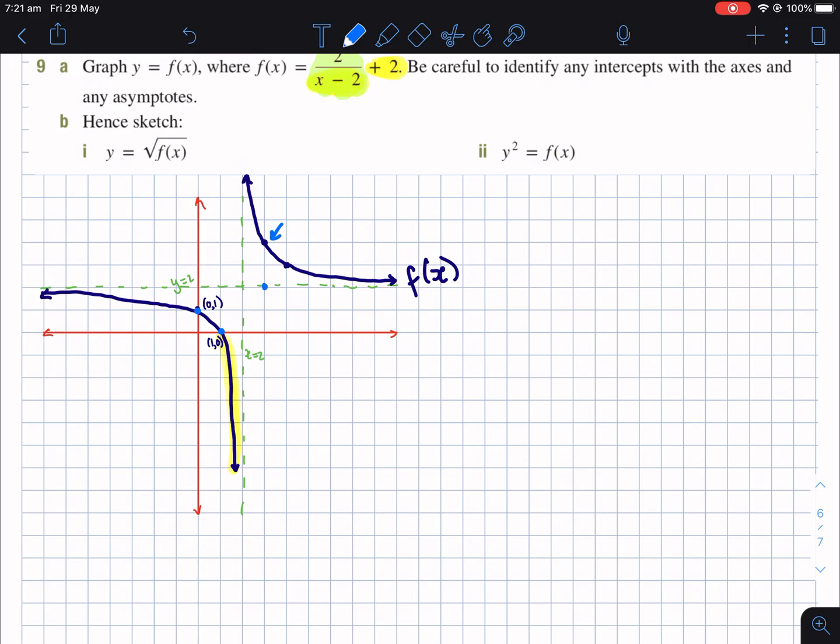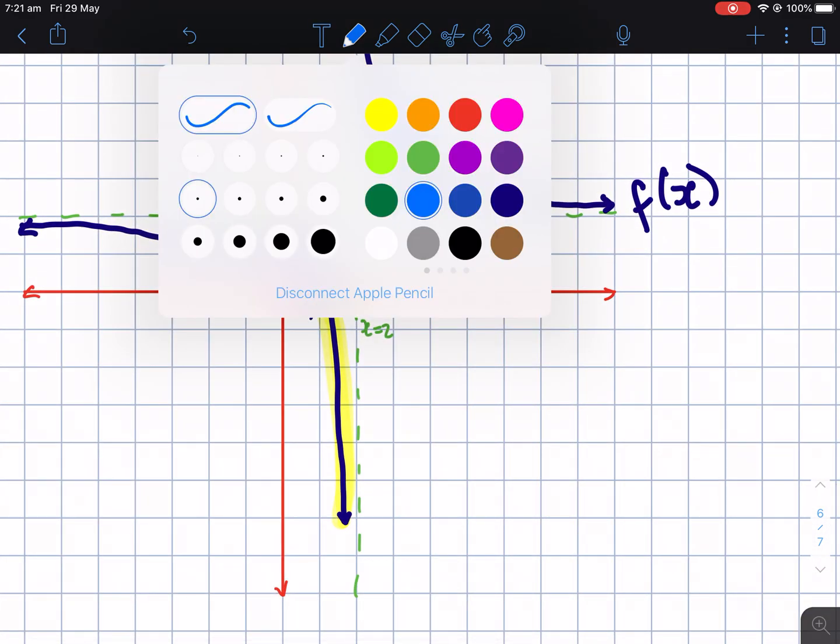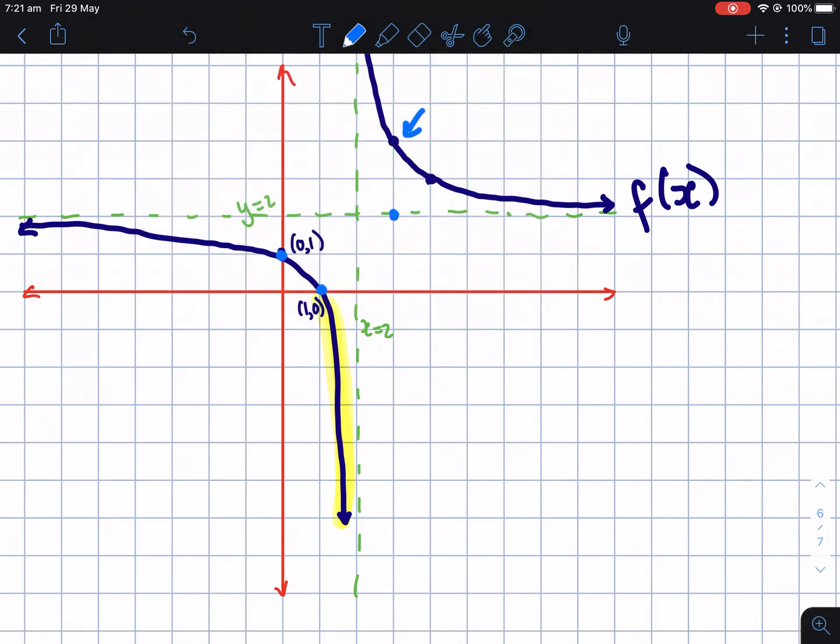Now asymptotes, instead of y equals 2 and x equals 2, it's going to be y equals root 2, which is like 1.4, etc., and x equals root 2. So we're going to move our asymptotes down or over. So this one's going to be more like here, y equals root 2. This one's going to be more like here, x equals root 2.